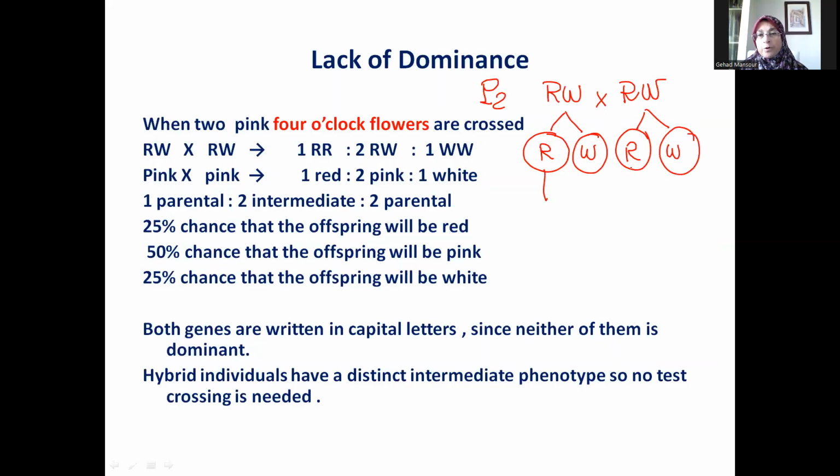And if we do the proper genetic diagram, first with first gives R capital R capital, first with second gives RW, second with first gives again RW, and then second with second will give you WW.